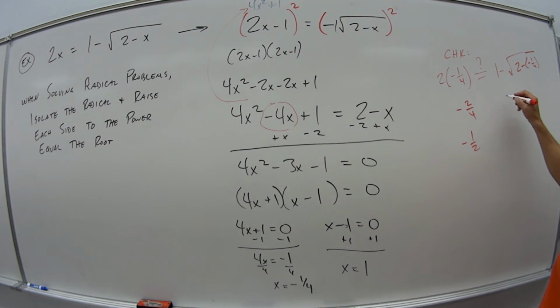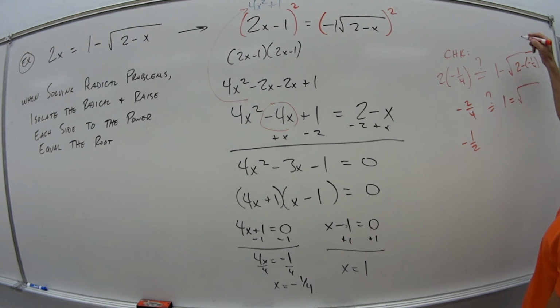Over here on the right, I get 1 minus the square root of 2 minus 1/4, which is 2 plus 1/4. So that means what? It's 8/4 plus 1/4 is 9/4. So 9/4. Whoops, this should be minus.